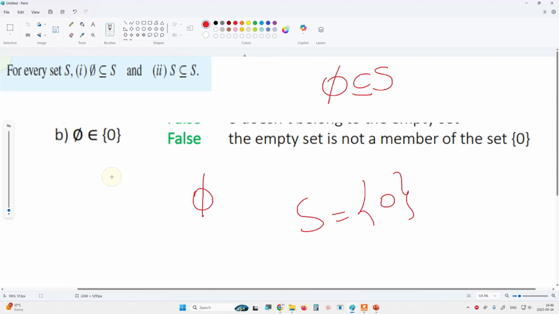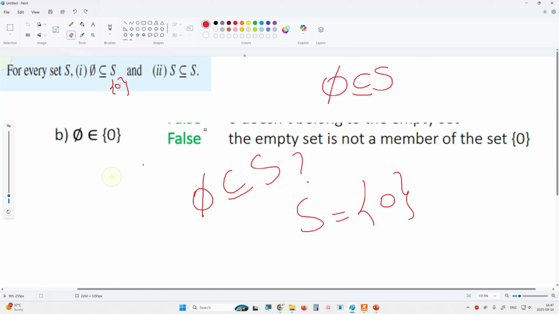Isn't the empty set a subset of S? Based on this, replace S with a set with 0 in it. Isn't this what we just said, that it is a theorem that the empty set is a subset of any set S? In my mind, this is my set S. So for me, this is S.